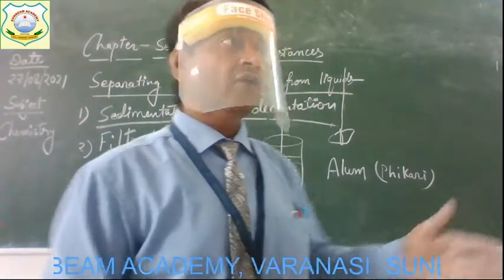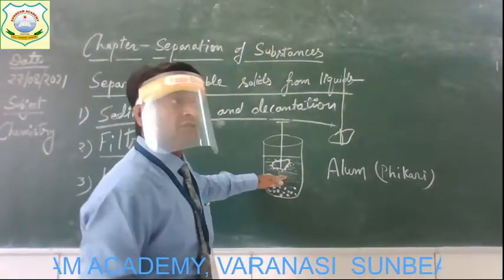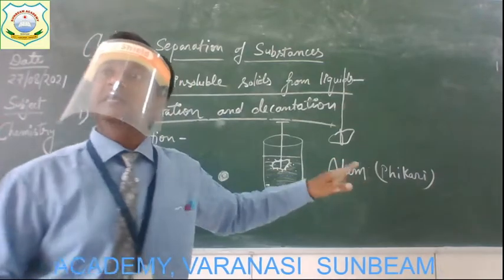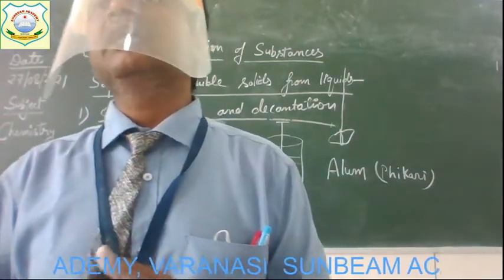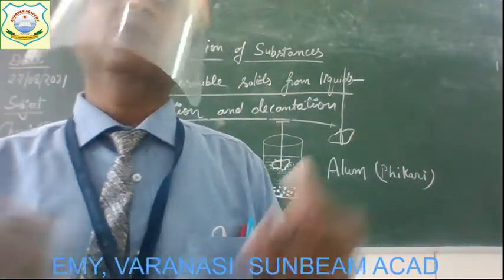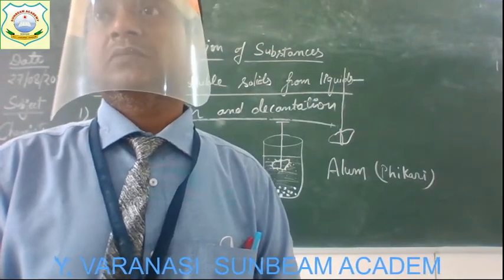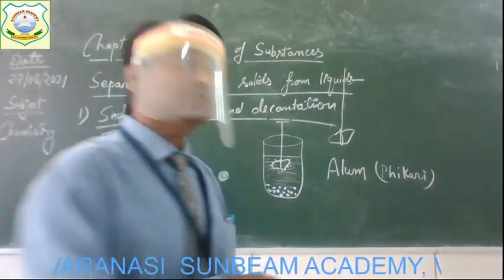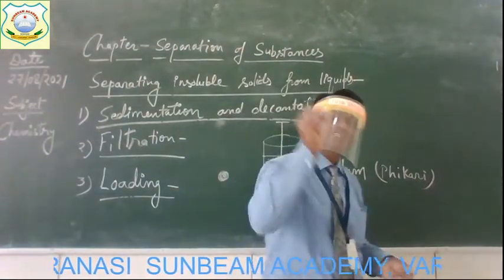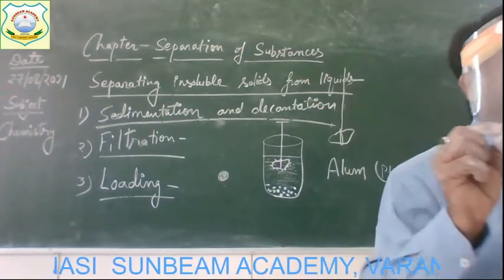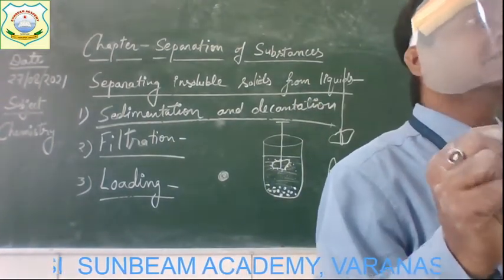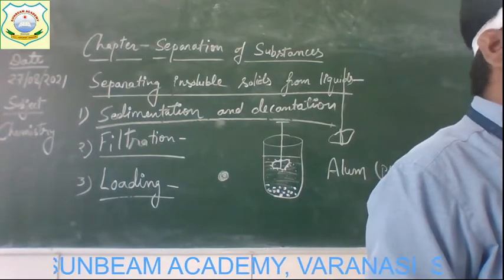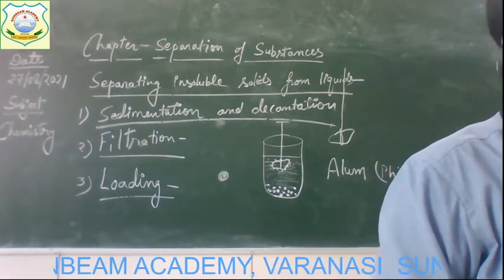After filtration of this mixture, that water is very clear and suitable for drinking also. Sometimes water looks clear, but it has very small insoluble solids, so it is not good for our health and not suitable for drinking.